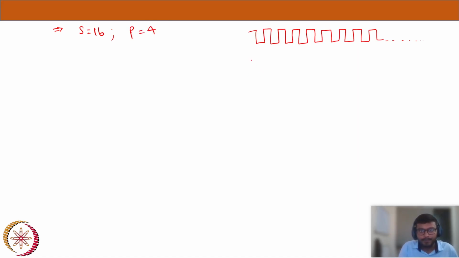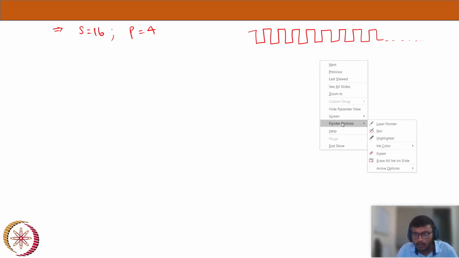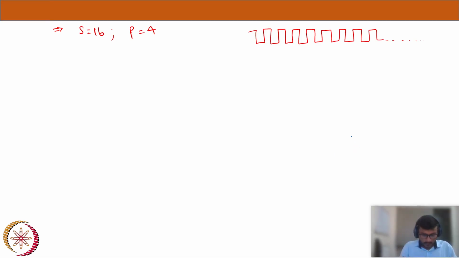I'm marking the slots 1, 2, 3, 4, 5, 6, 7, 8, and so on, like that we have 16 slots, and after 15, 16 it comes back to 1.